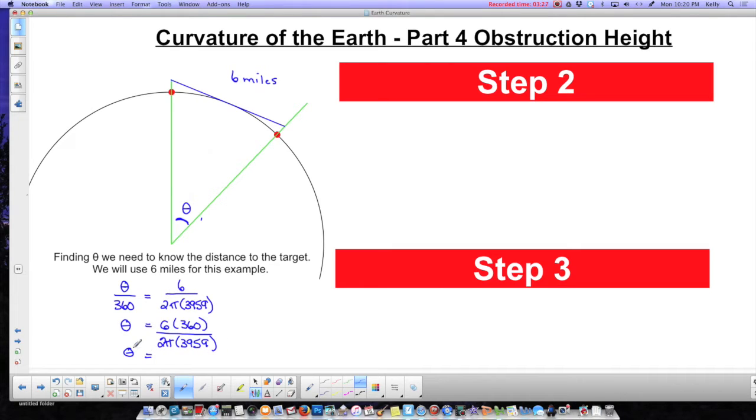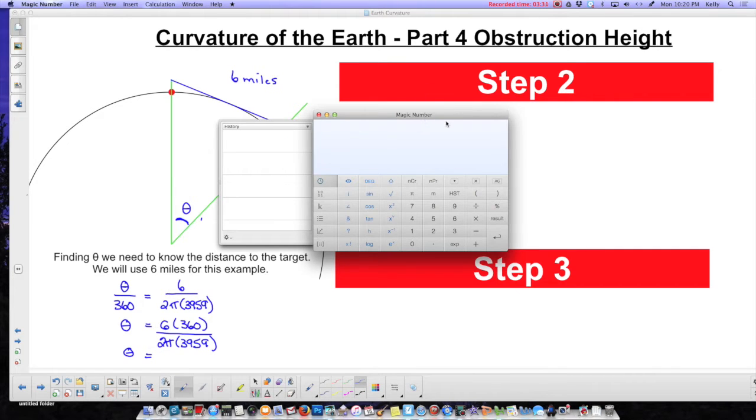Now I'm going to pull up my calculator and actually calculate that. I've got a better calculator now than I had before. Let's plug this in: 6 times 360 divided by 2 times pi times 3959. And let's see what we get.